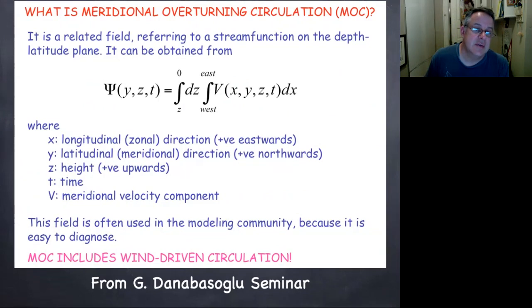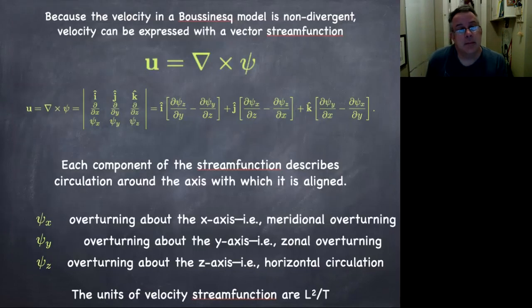If we take the derivative with respect to x, we get the v dz. And so this is giving us that overturning part of the circulation in units of sverdrups. It includes the wind-driven circulation, but since the gyre part of it is going this way, it cancels itself out to a large degree, with an exception that we'll see in a minute.